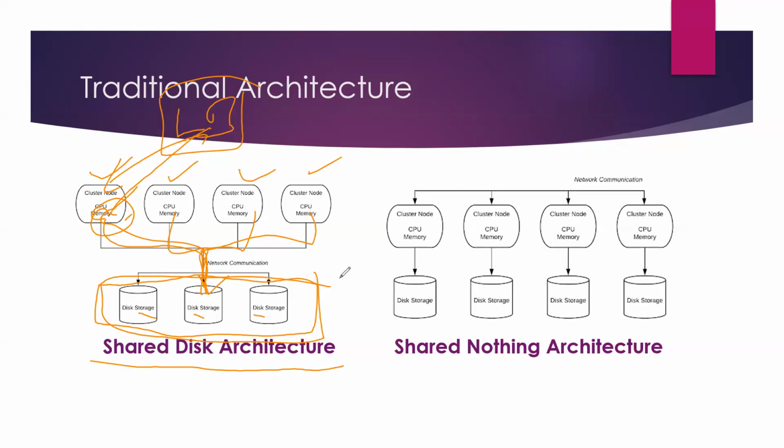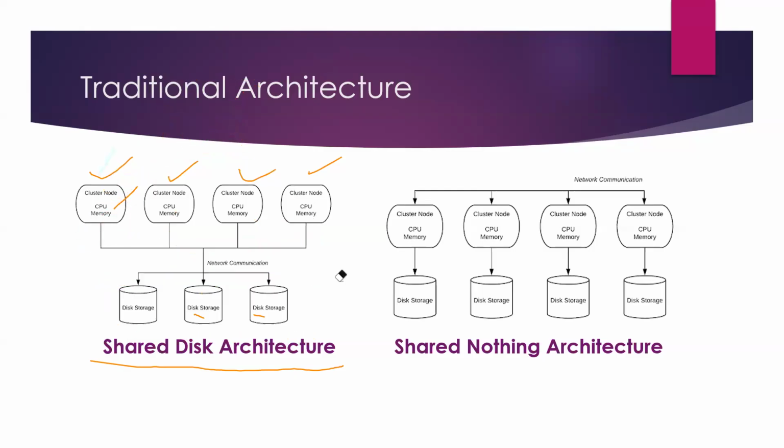So the data is centrally located. Each node is sharing the same disk via one interconnection network. All these nodes are connected to the disk via the one interconnection network.